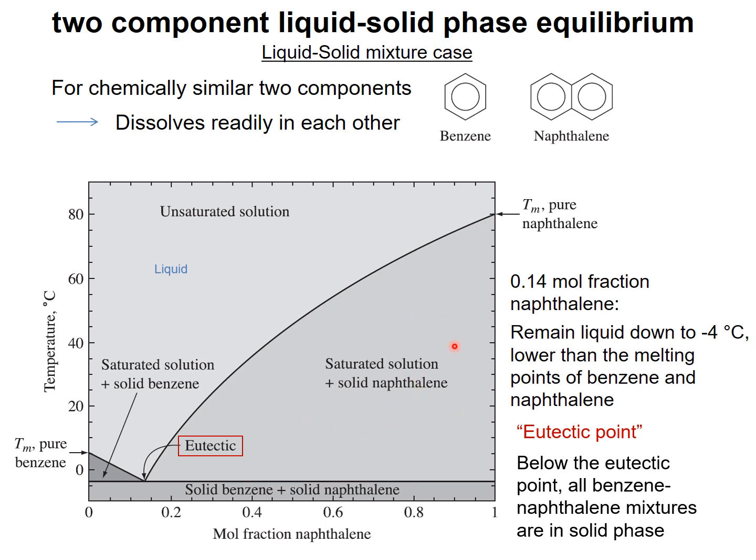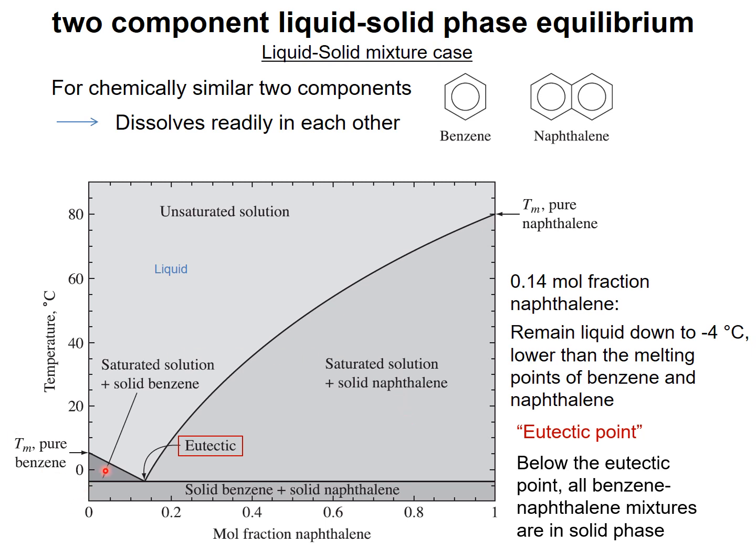In this area, you can find saturated solution of naphthalene in benzene plus solid naphthalene. You can recognize that this region is closer to the solid naphthalene line, so you would prefer solid naphthalene rather than solid benzene.